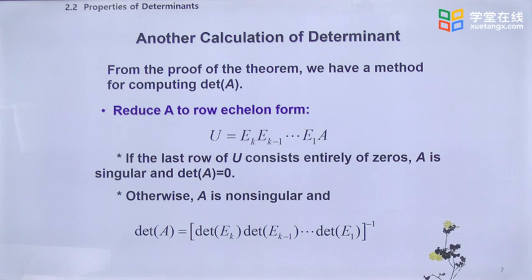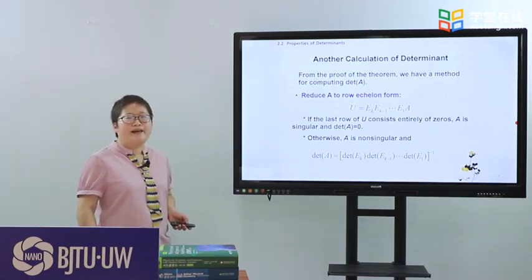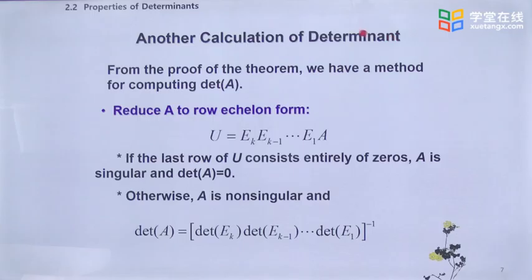Before, the only way was the definition using the cofactor expansion. And now we can do it like this. We reduce A to the row echelon form, so U equals E_k times E_{k-1} times till E_1 times A. This means we do a series of row operations on A. If the last row of U consists entirely of zeros, this means if there's a zero row at the bottom of U, then A is singular.